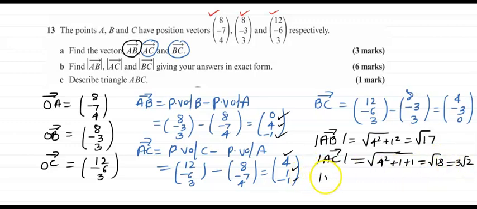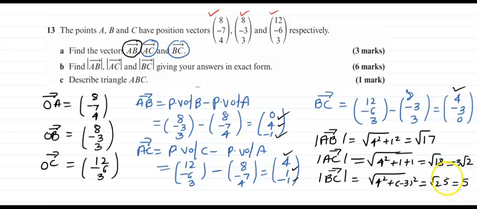And the last one is modulus of BC. Modulus of BC is from here only 4 and minus 3, that is 4 square plus minus 3 square, that should be root 25, and it is 5. Now they are saying describe triangle ABC.